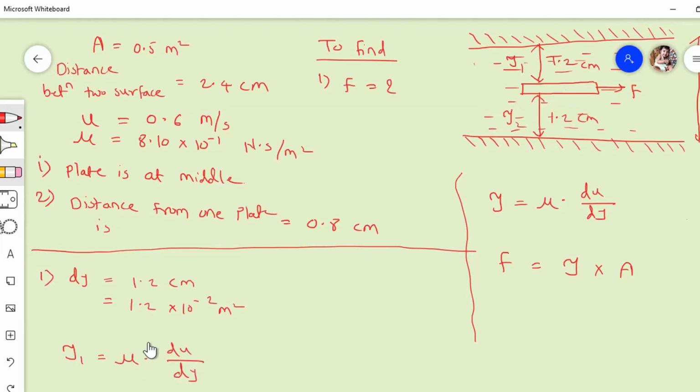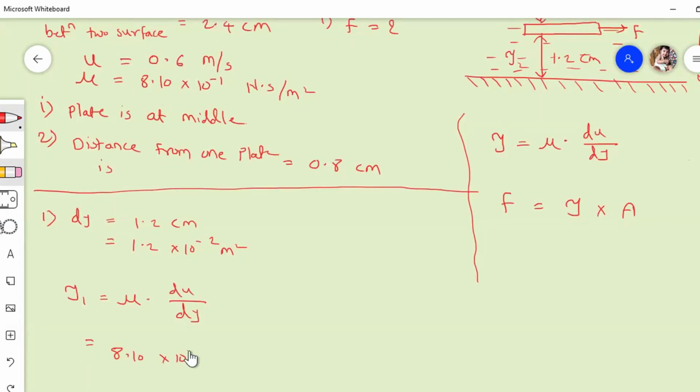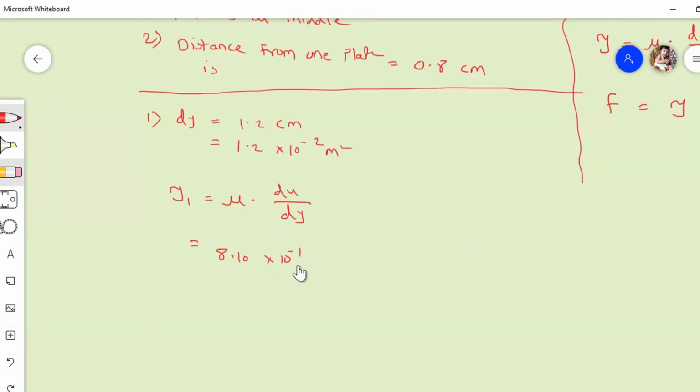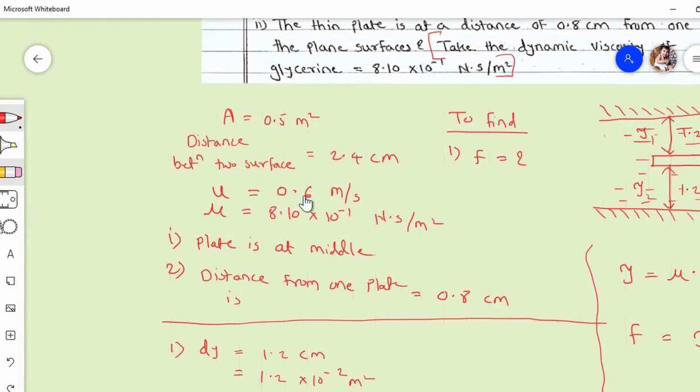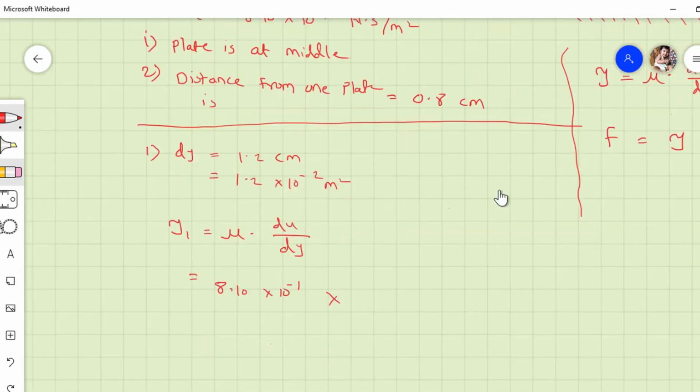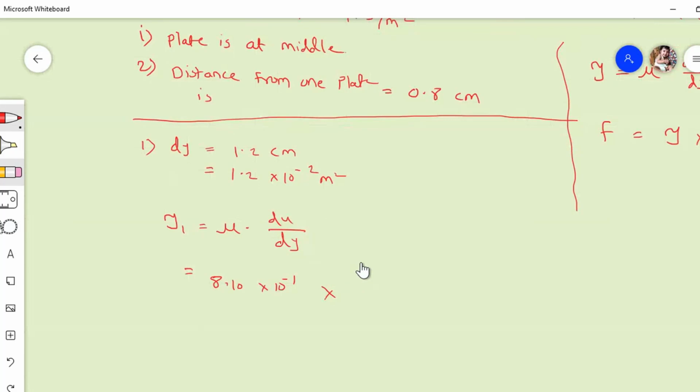So what is the value of the mu? 8.10 into 10 raised to minus 1, this is viscosity, multiplied by change in velocity. How much change in velocity? 0 to 0.6 it is going. So change in velocity is 0.6 meter per second only. And dy is 1.2 into 10 raised to minus 2. Calculate this and tell me how much shear stress is coming, 40.5 Newton per meter square.